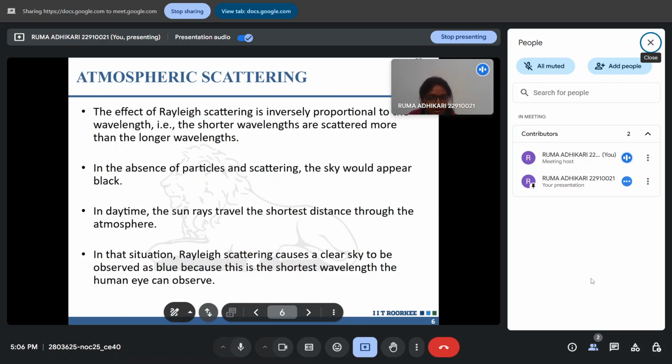In the absence of particles and scattering, the sky would appear black. That's why our sky looks blue. In the daytime, the sun rays travel the shortest distance through the atmosphere. In that situation, Rayleigh scattering causes a clear sky to be observed as blue, because this is the shortest wavelength the human eye can observe.